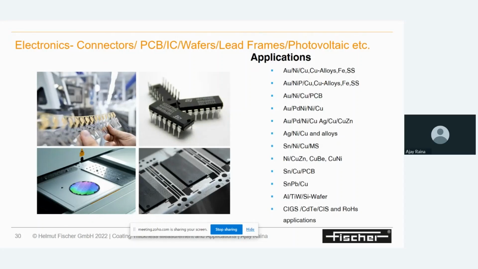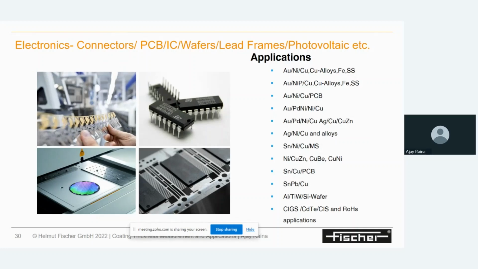If you have tin copper on PCBs, it can be checked with the XRF method. And for wafer applications and photovoltaic applications like aluminum on titanium tungsten and silicon wafer, XRF is the best solution. CIGS applications, we can go with RoHS, and RoHS can be checked with XRF instruments.